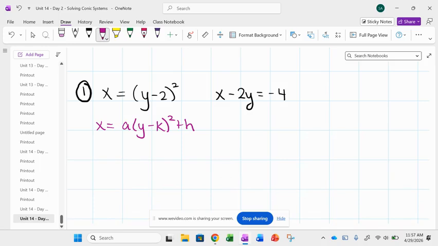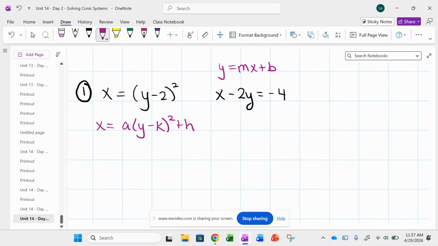Okay, so now what we want to do is x minus 2y equals negative 4. We know it's a line because there's nothing squared on it, but is this in the format that we want for a line? No, we want it to look like slope-intercept form, y equals mx plus b. So I need to get y all by itself.